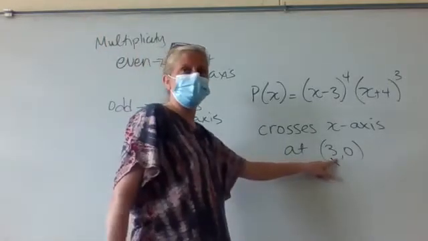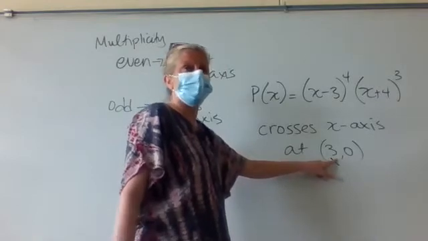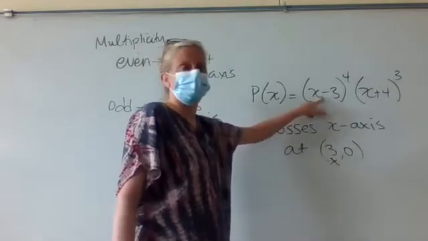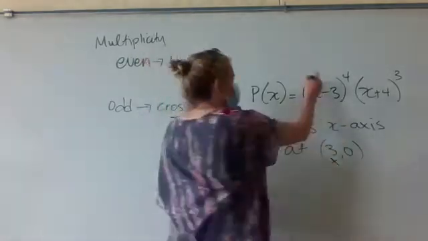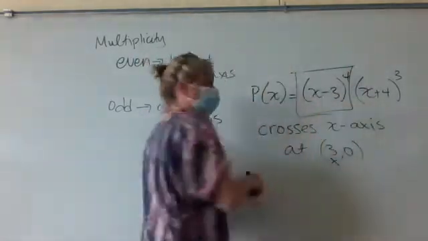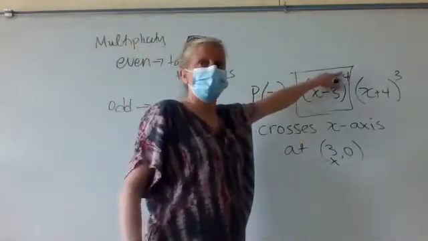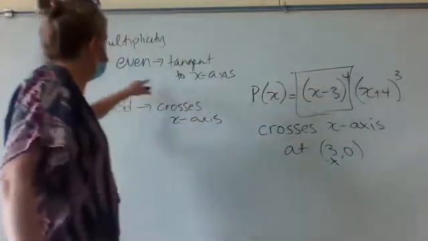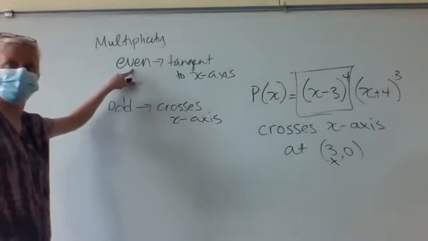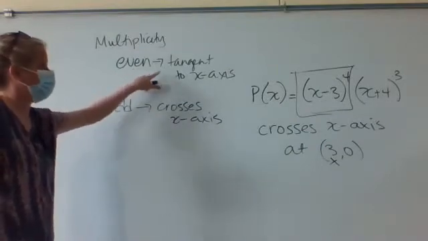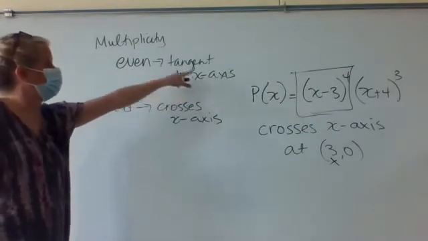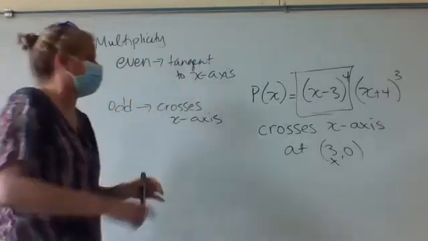Well, if 3 is the x-intercept or the zero, it came from this factor, right? So this is the factor that we're talking about. What's its multiplicity? 4, which means it's even, which means this x-intercept is going to be tangent to the x-axis.